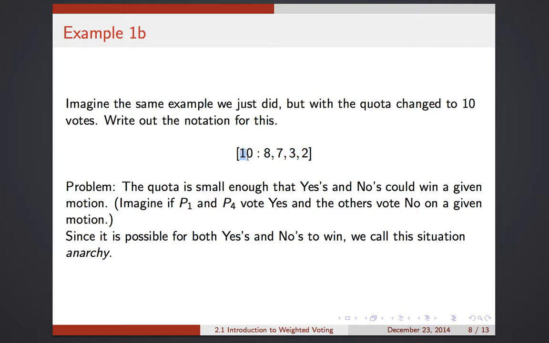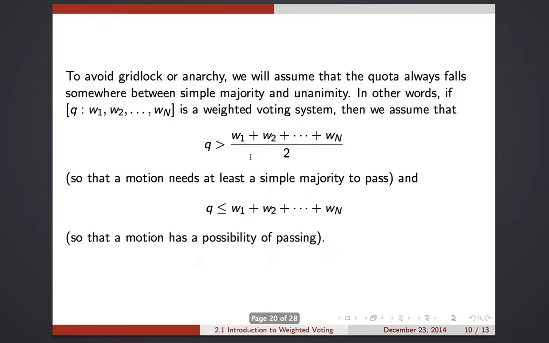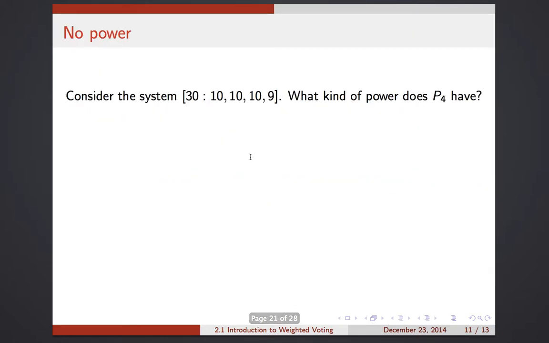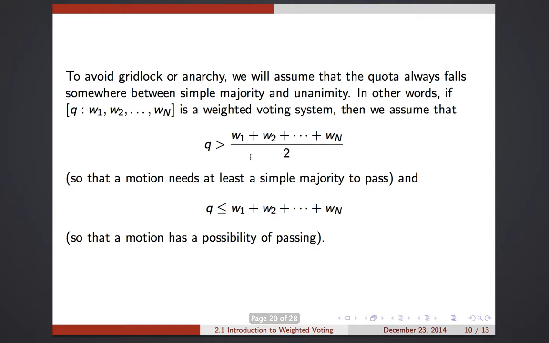So we're going to assume that 10 is just not possible. And we're going to assume that 21 is not possible. That would not make any sense. Okay, so that's what I had to say about the quota. So the quota needs to live in certain ranges in order for something to either be able to pass or for a motion to pass and not have its opposite also pass.